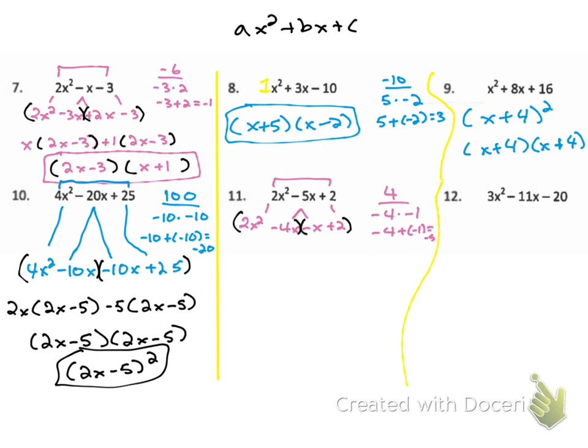Factor by grouping. GCF of my first group is 2x, and that leaves me with x minus 2. All right.